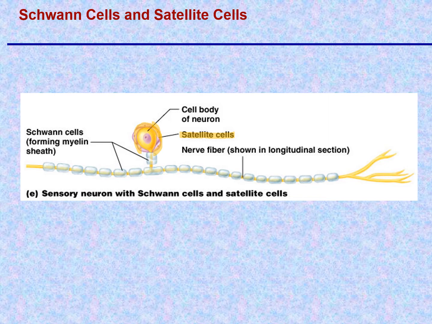And the other type of cell is Schwann cells, which form this myelin sheath, although it's different from the oligodendrocyte sheath in that each Schwann cell is a single unique Schwann cell right there, all wrapped around and there and there. Each of these bumps or bead-like structures on the fiber is a separate Schwann cell, together forming what's called a myelin sheath. So those are Schwann cells and satellite cells.